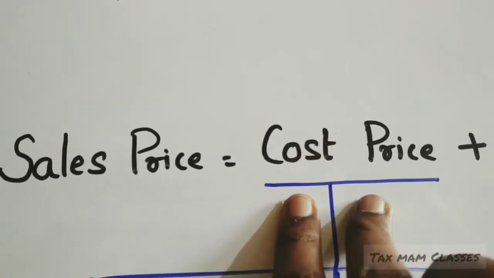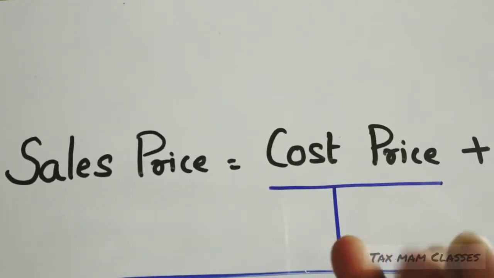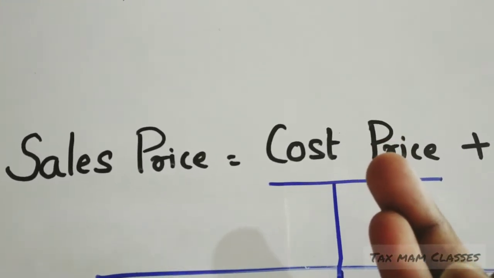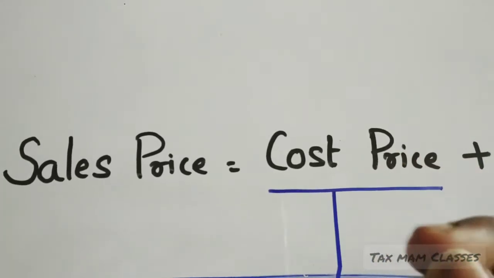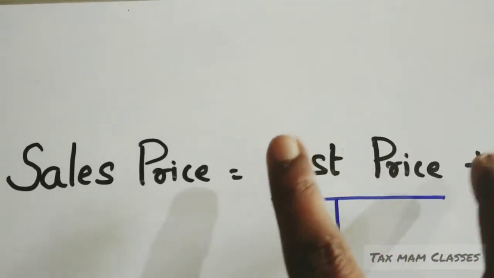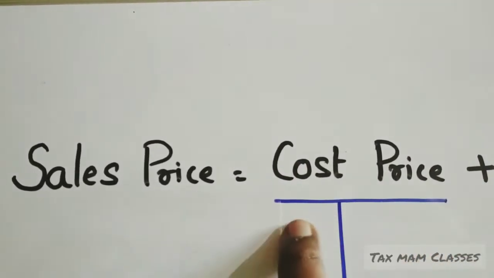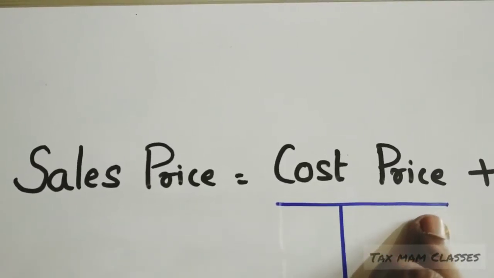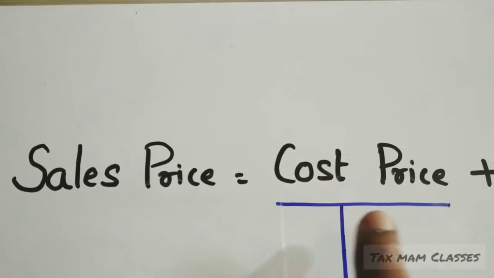He has to purchase raw material and convert it into finished goods. After converting, he has to store it or sell it in the market. For selling, he will have expenditure. The total amount he incurs to produce and to sell it in the market will be named the cost price.